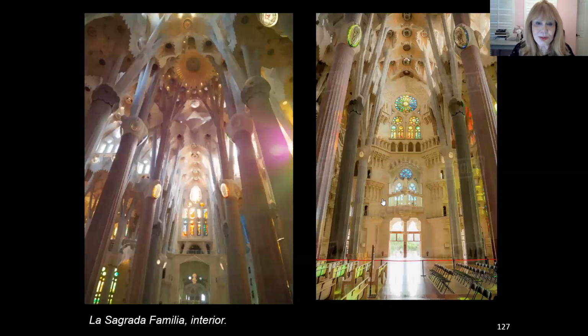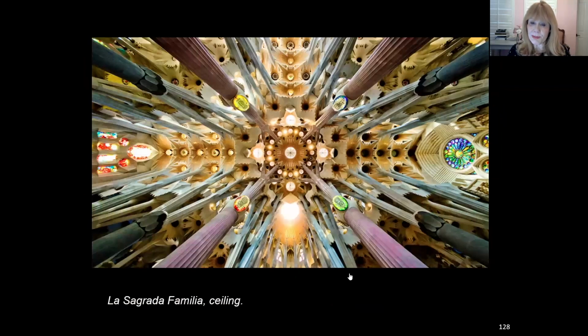On the interior, in a Gothic-like style, although this is Art Nouveau, as Antoni Gaudí would be of the Art Nouveau period in Spain at the turn of the century. But he pulls upon Gothic imagery, and looking straight up, we see all of these columns reaching towards the ceiling.